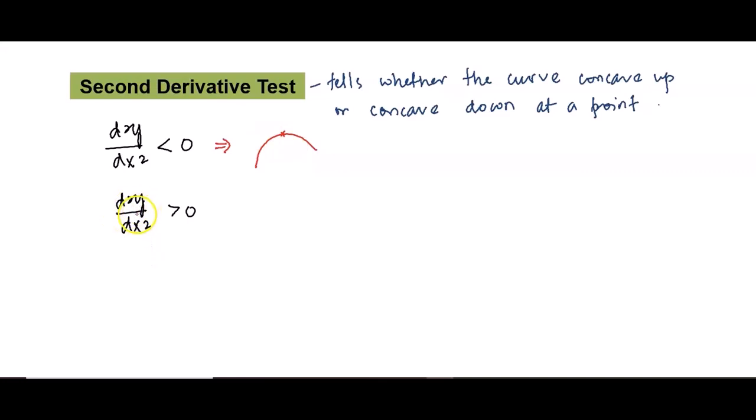If your second derivative gives you a positive value, it means that your graph is concave upwards. So the shape is like this. If your stationary point is located over here, and your d2y dx2 tells you that it's concave upwards, then this point will be the local minimum point.